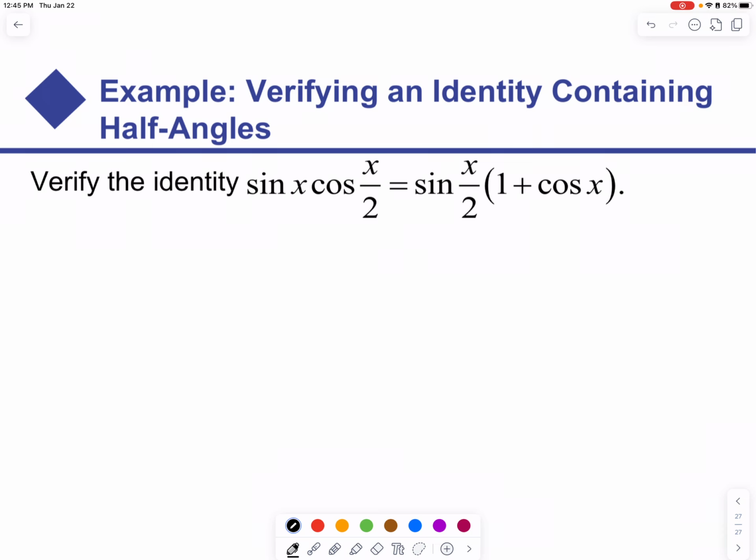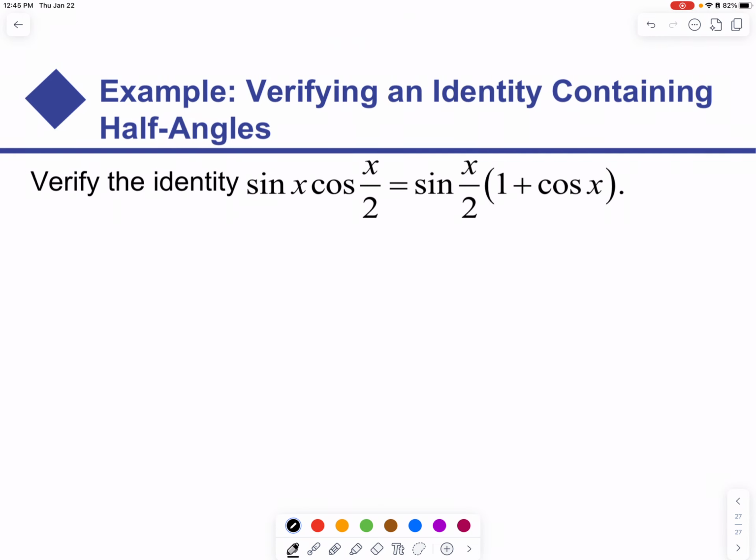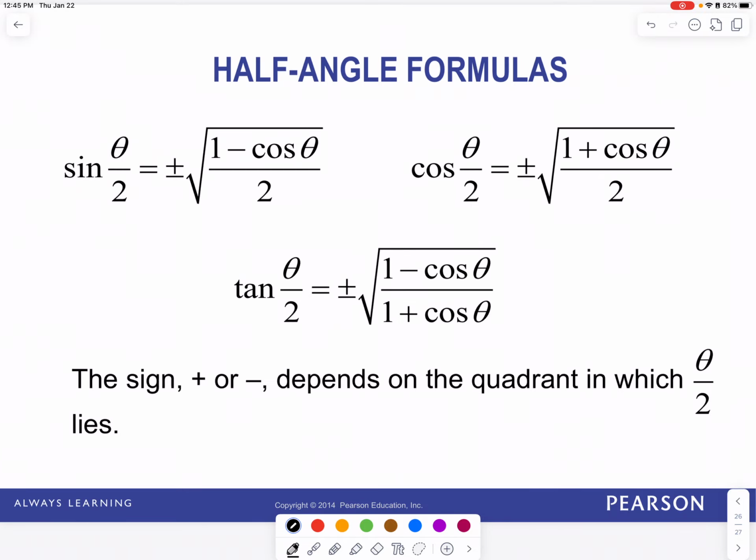Let me think. Missing a slide. It just didn't register. Okay, that's fine. Verify the identity. Let me see. Sine of x. Okay. Double angle, half angle formulas.